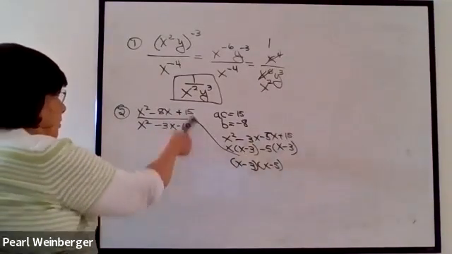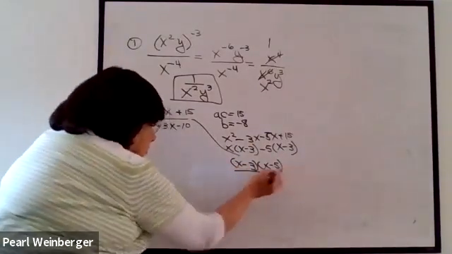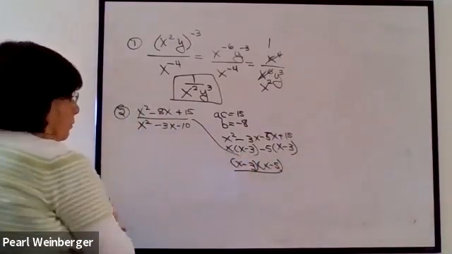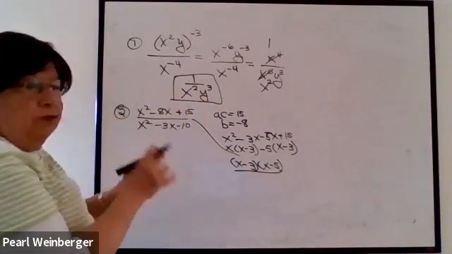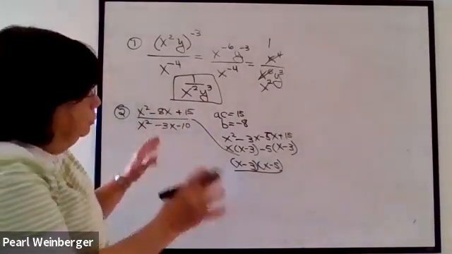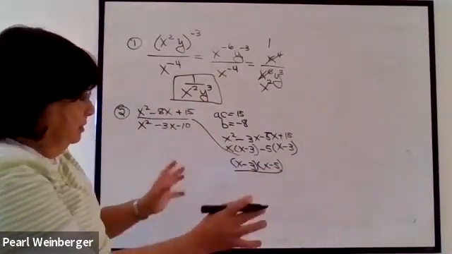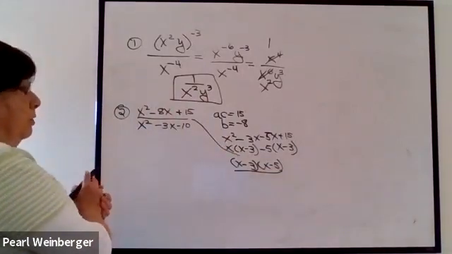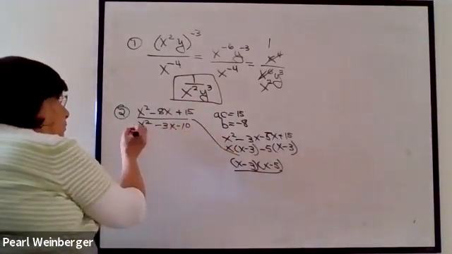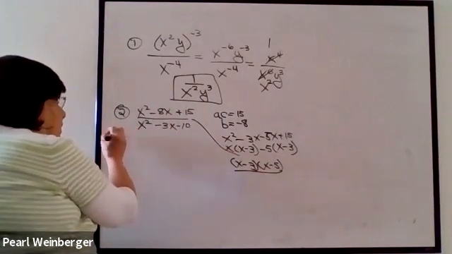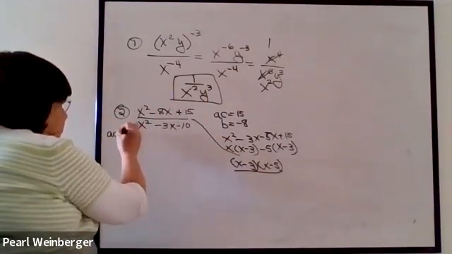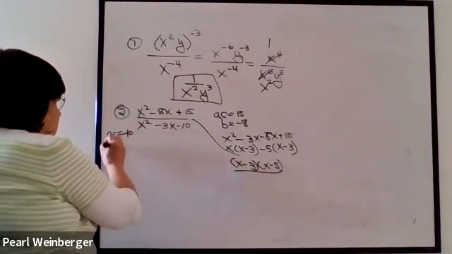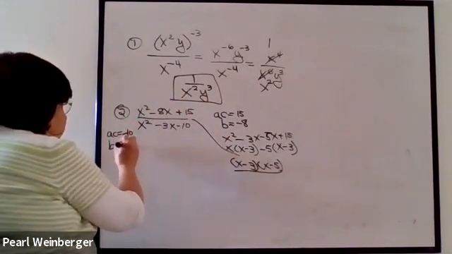Now let's work on the denominator. Do that over here and we'll put it over here. You really sort of need a lot of space for these problems because you need to work on the factoring separately and then to work the problem. Over here for the denominator, the AC is 1 times -10, which is -10, and the B is -3.